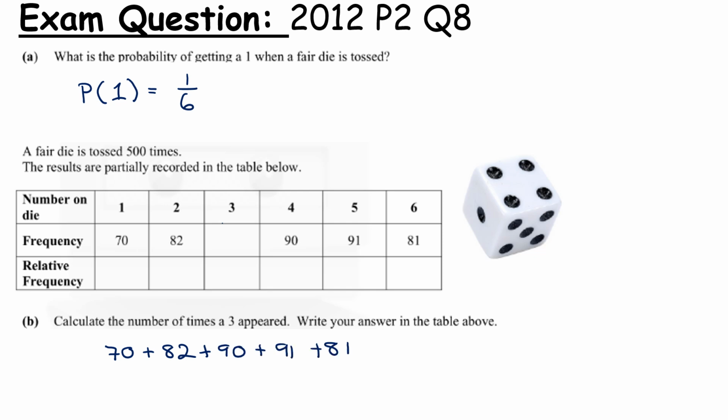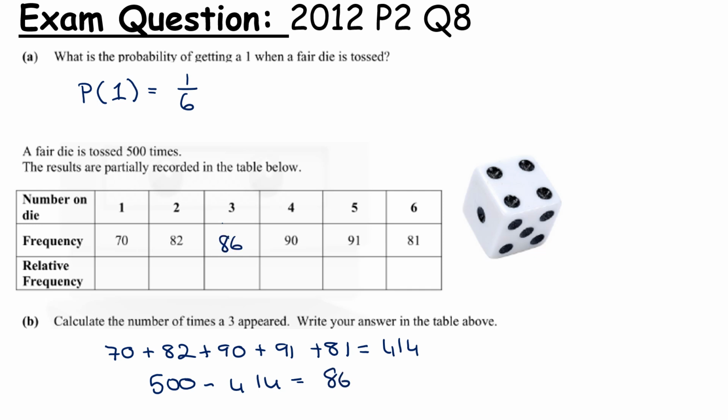And when we do that, we're going to be able to compare our answer to 500. So when we add those together, we get 414. So we know that there's 500 in total minus that 414, and that gives us 86, which goes into this section here.